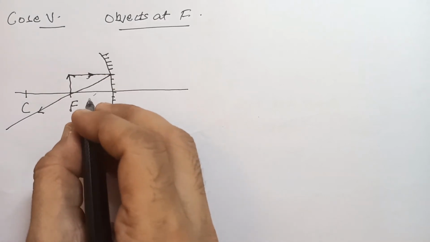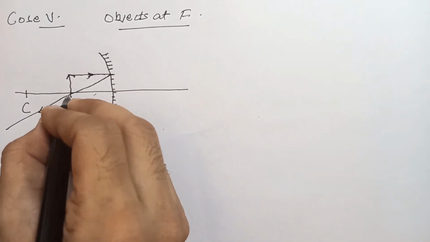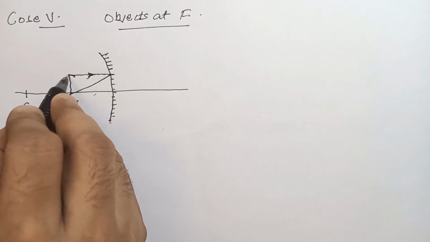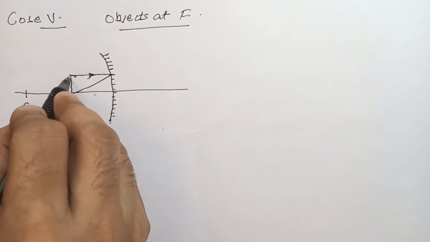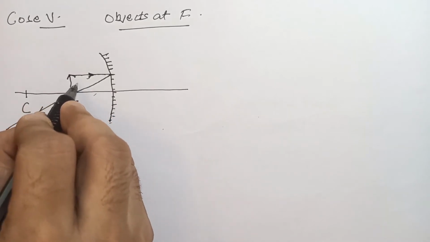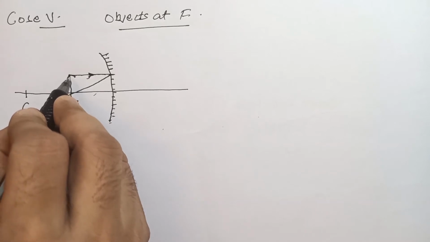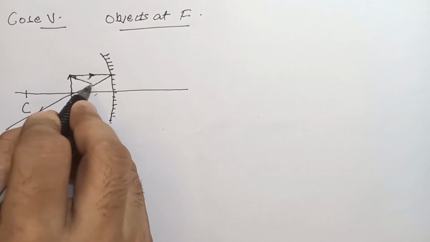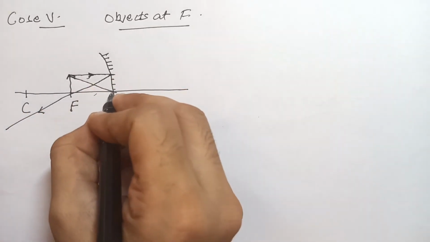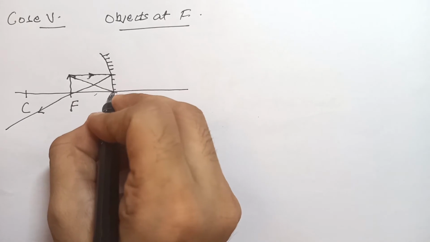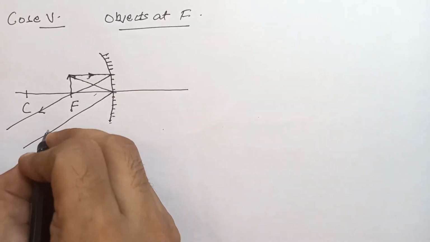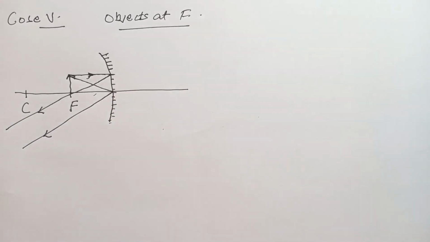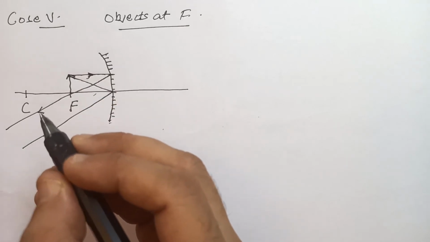Now the second ray will hit the pole, and then it will go parallel to the earlier ray.